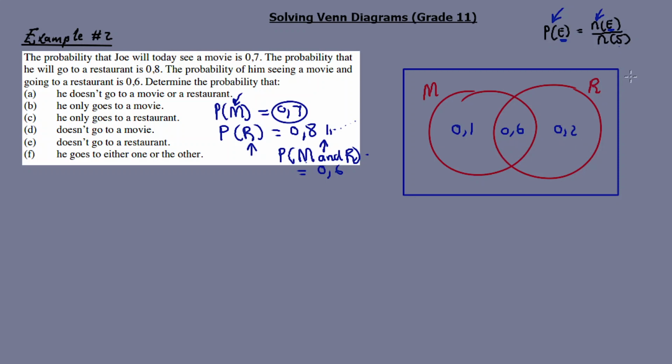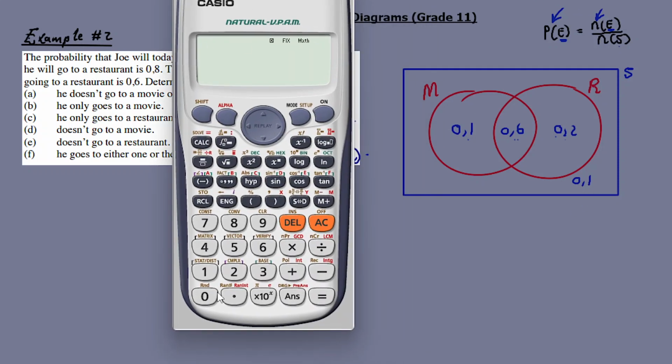Now it's important with the sample space: add all the probabilities, you should get 1. So 0.1 plus 0.6, 0.7, plus 0.2 is 0.9. So 0.1 is missing. Now add all these probabilities, you should get 1. 0.2 plus 0.1, it's 1.